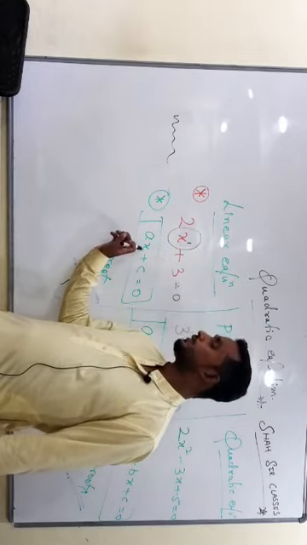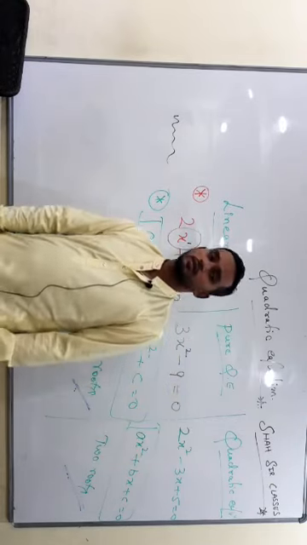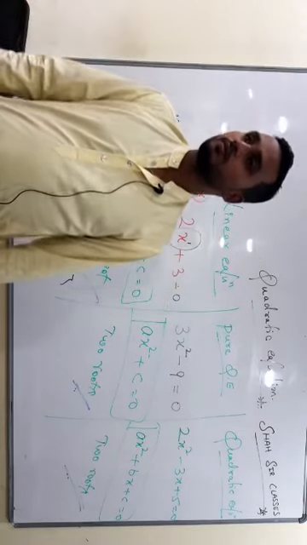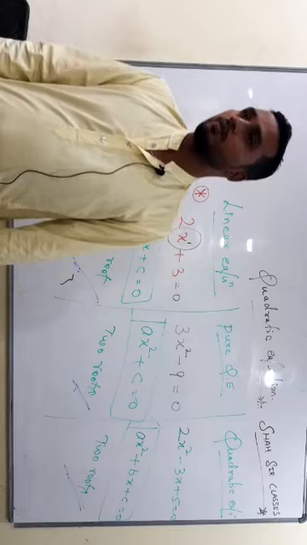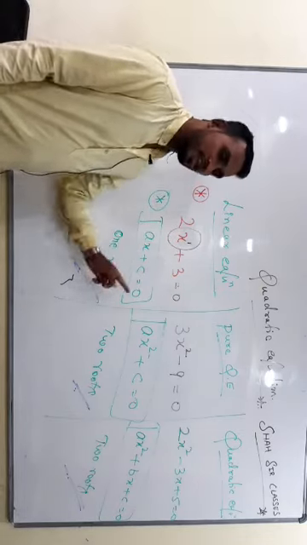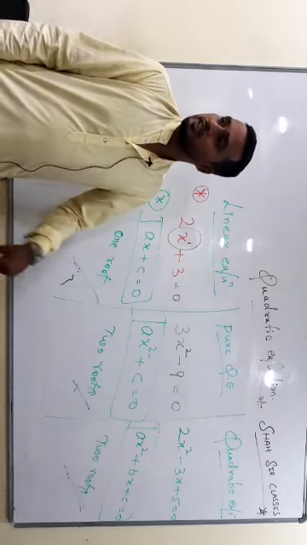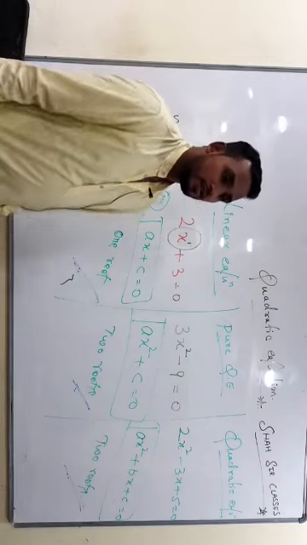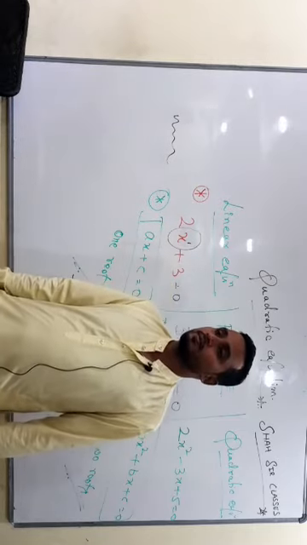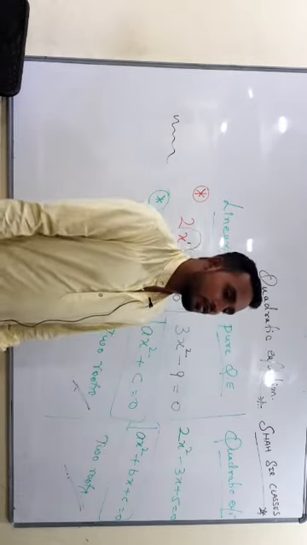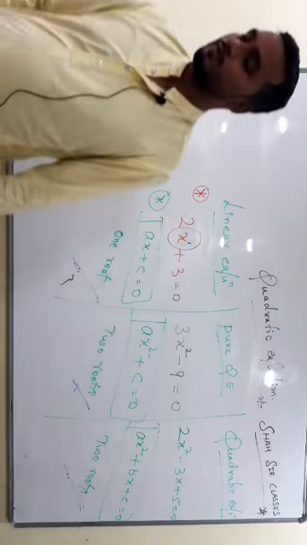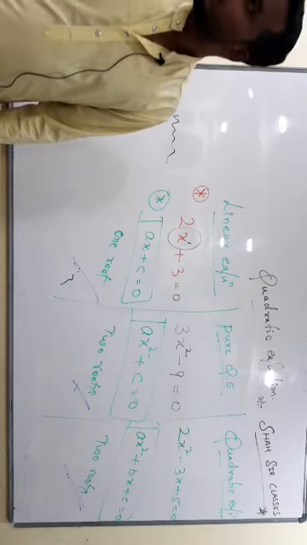Next line, x is variable. Next line, highest degree is equals to 1. So what is the highest degree of linear equation? That is 1. Done.